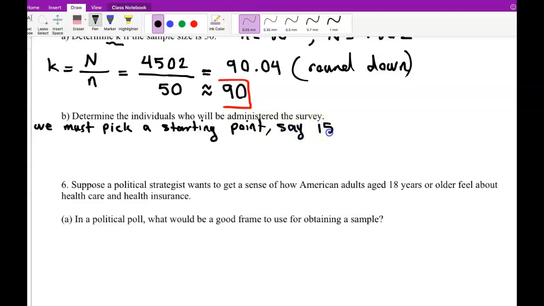Say 15. So this is our P, the starting point. Then we survey. Okay, starting point as 15.